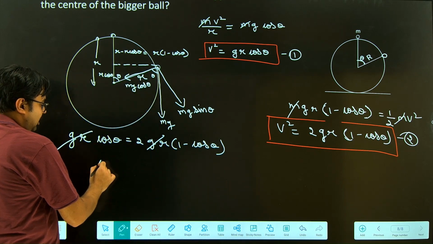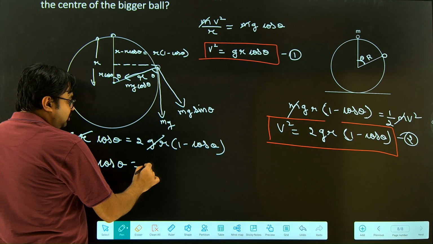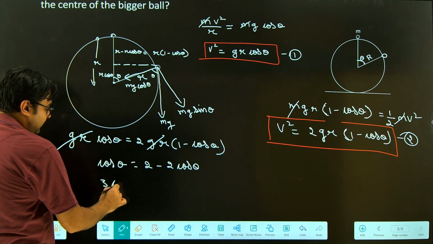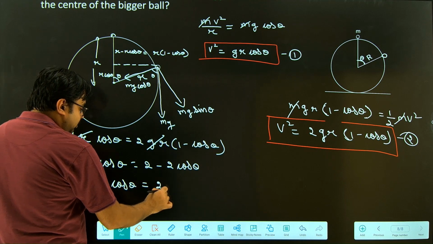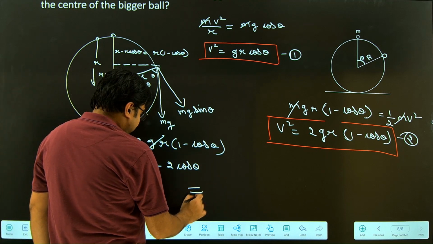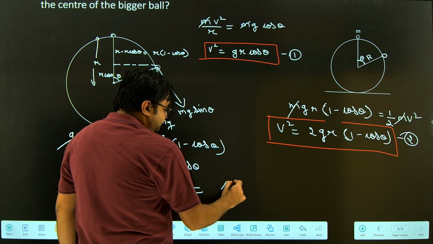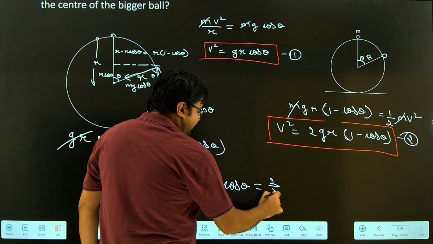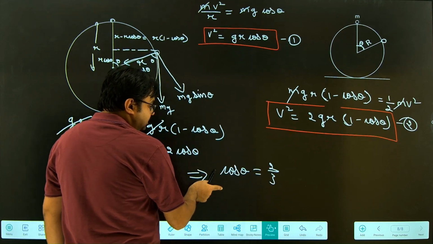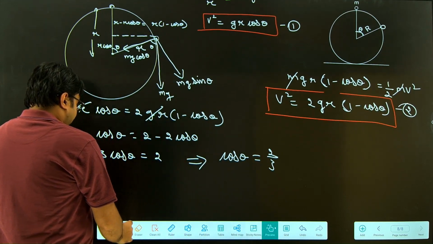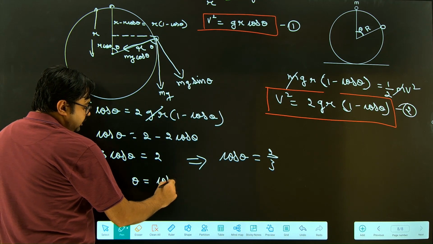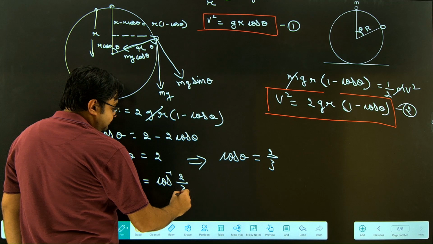So we have cos theta equal to 2 minus 2 cos theta. 3 cos theta would be equal to 2, and this simply implies that cos theta would be equal to 2 by 3. The final statement: theta would be equal to cos inverse of 2 by 3.